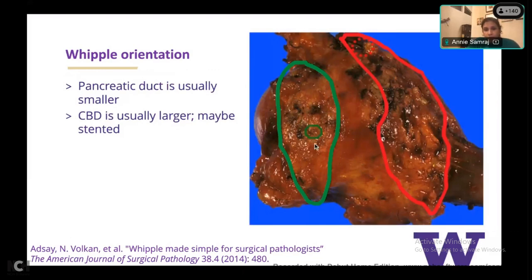Here is the pancreatic duct on the left side of the trapezoid. And the common bile duct is usually larger, and most often, because of obstruction by the tumor, it is dilated and easier to identify. And sometimes you might have a stent for palliation of jaundice.